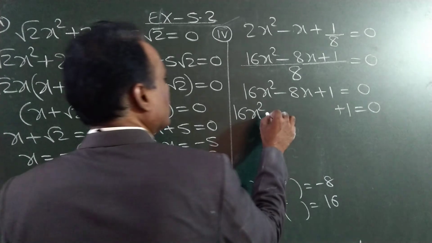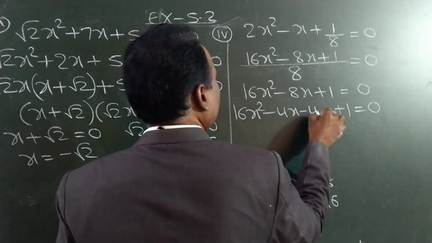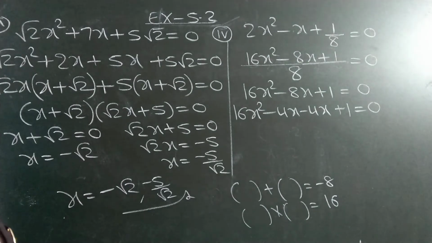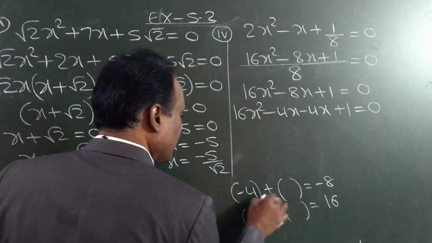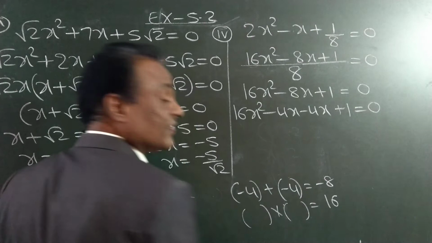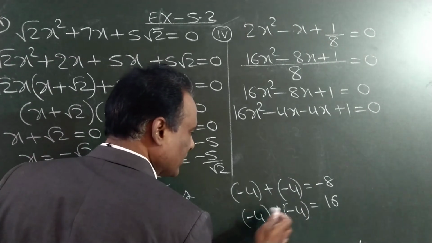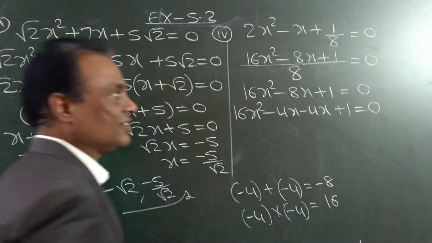So the numbers are minus 4x, minus 4x. Minus 4 minus 4 is minus 8. Minus 4 into minus 4 is plus 16.